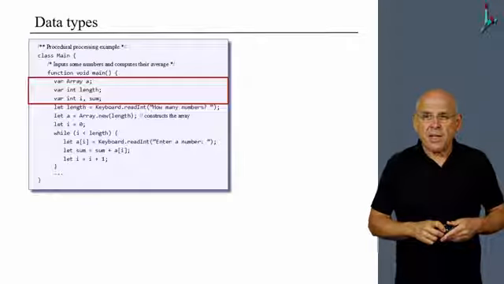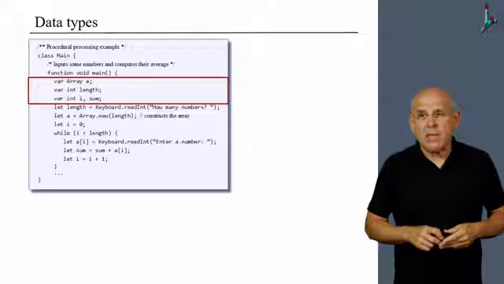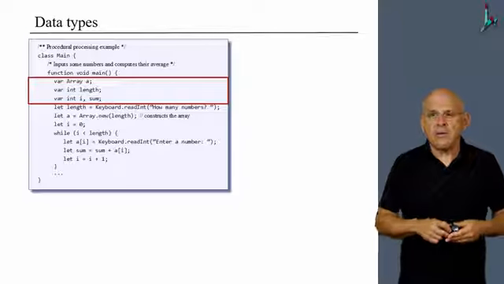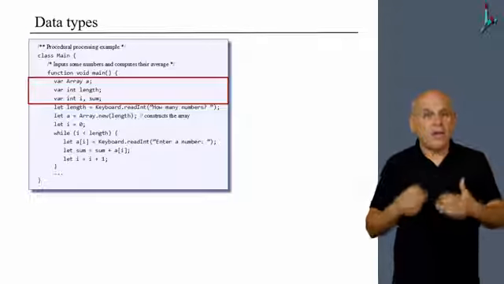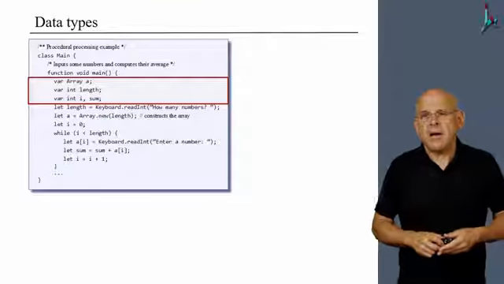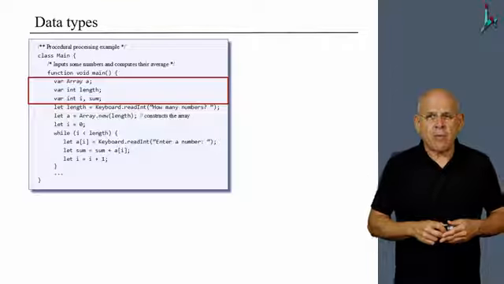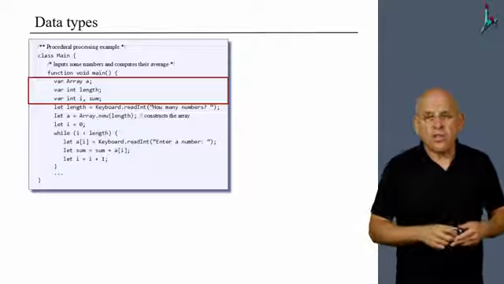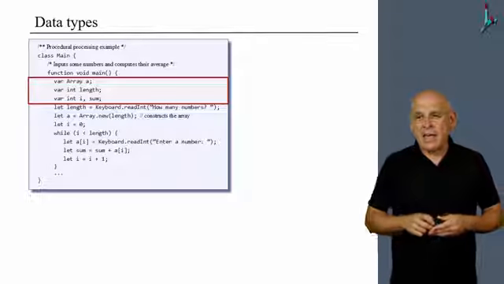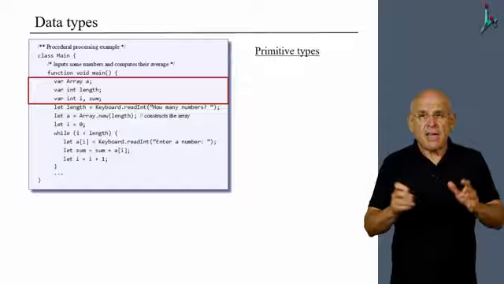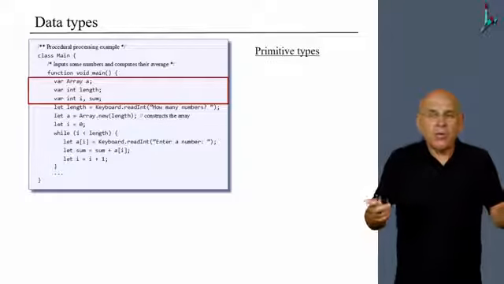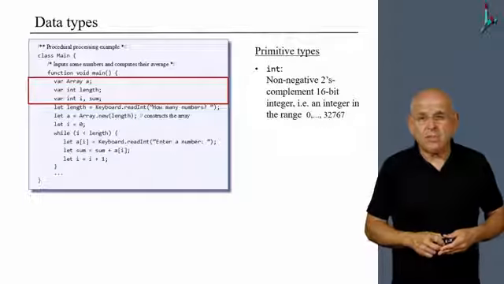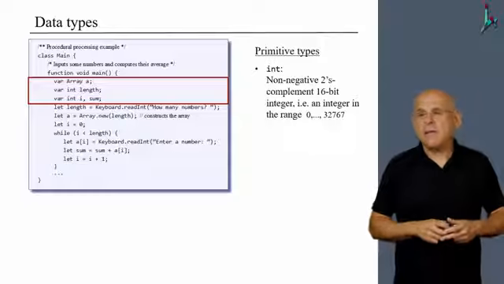Let us focus on these three statements here, in which the programmer creates an array called a, an integer variable called length, and two more integer variables called i and sum. What we see from this is that the Jack language has, first of all, primitive types, of which we have only three.